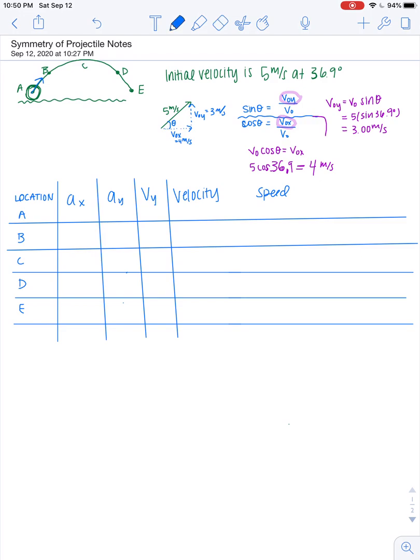I'm actually going to give this velocity column a little bit more room. So let's talk about what Vy and velocity and speed mean distinctively. So Vy is the y component of the velocity at that location.